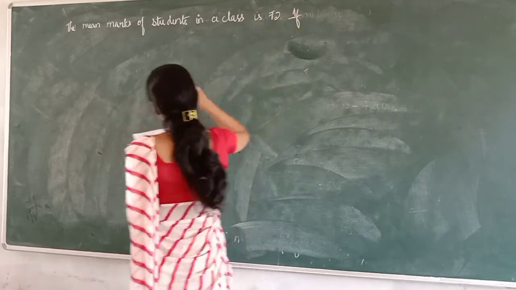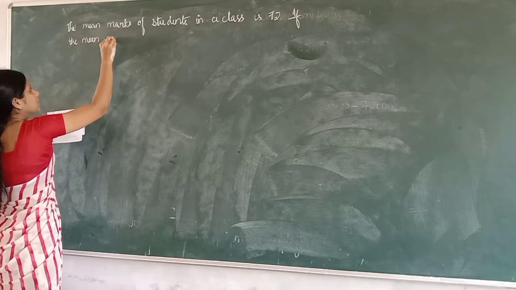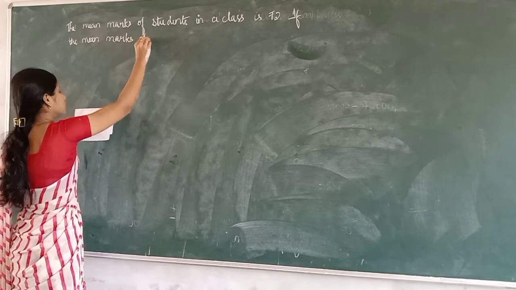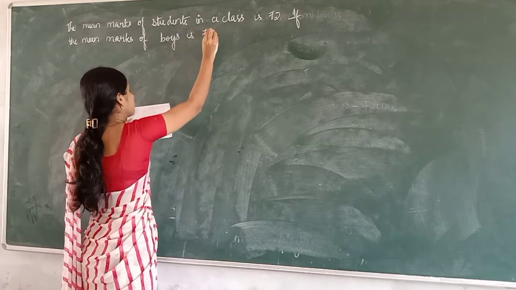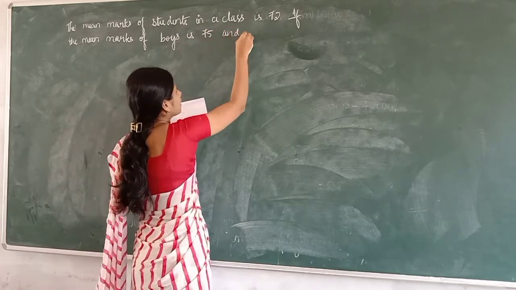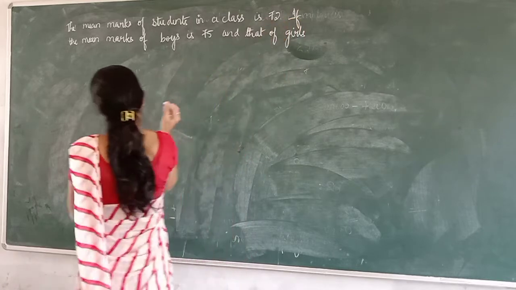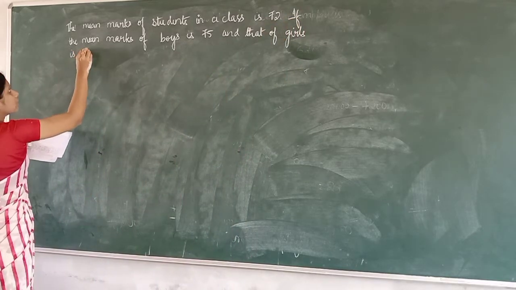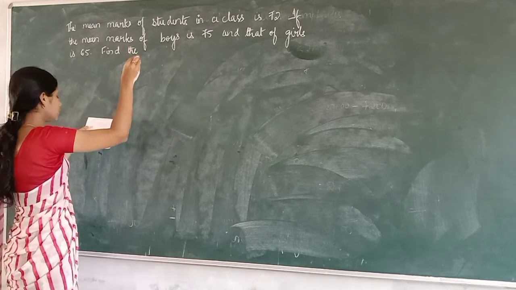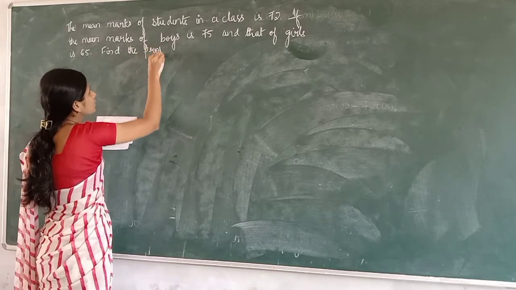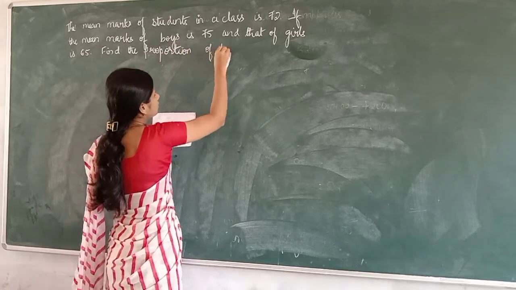If the mean marks of boys is 75 and that of girls is 65, find the proportion of boys and girls in the class.